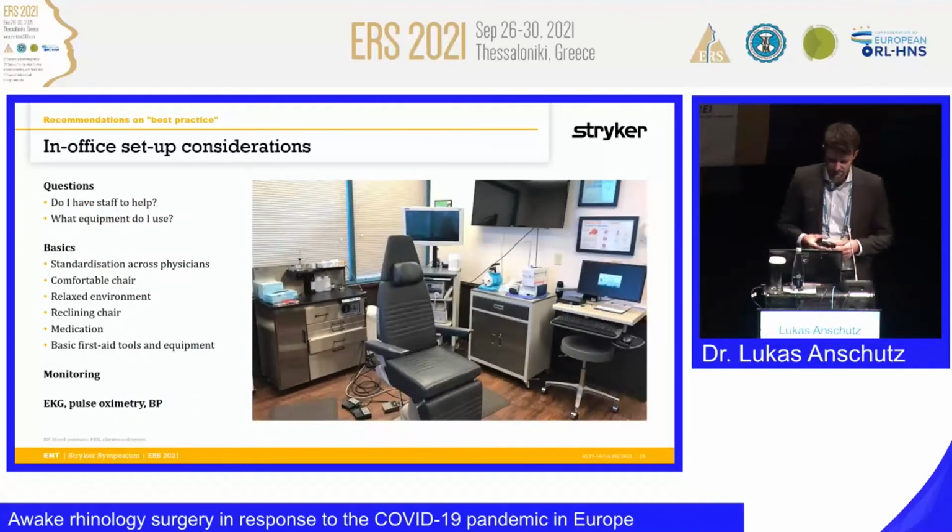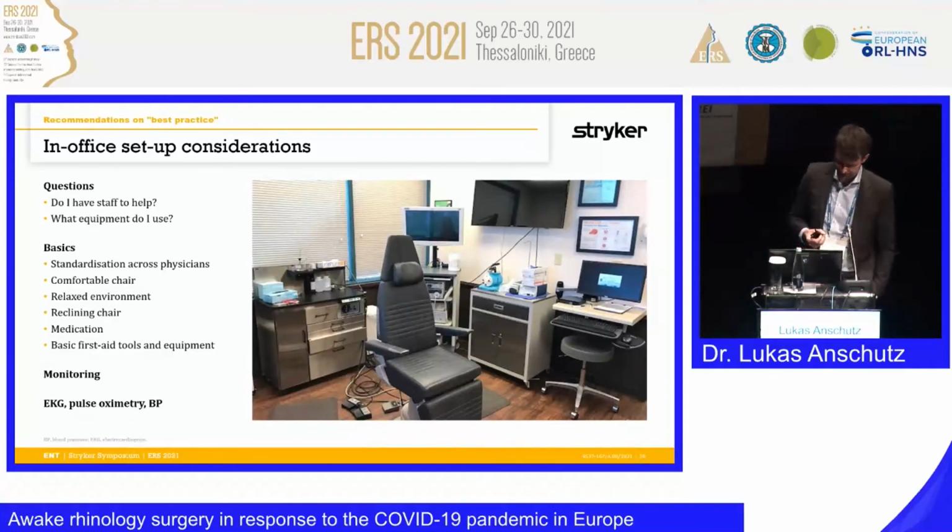So here you can see a typical office, as you all know probably, and the important thing is that you have somebody to help you at least to set up everything and to help you during the procedure. You need to think about the equipment you want to use, which was pointed out just before.